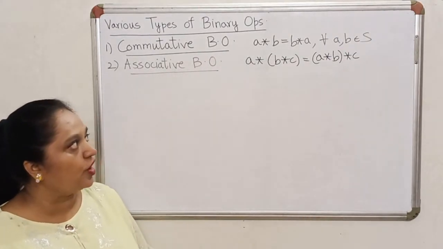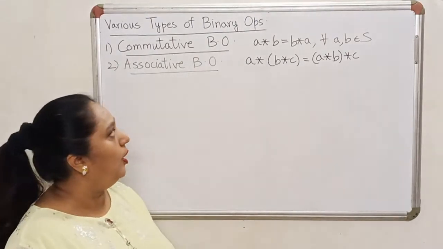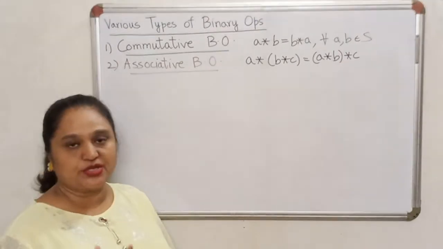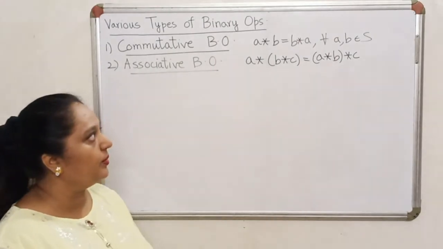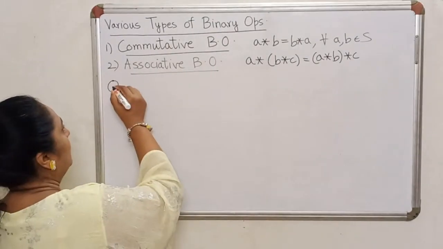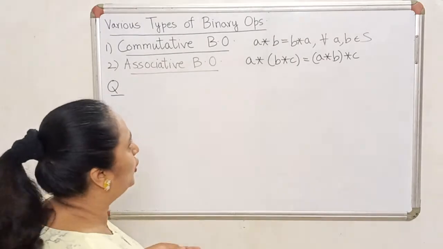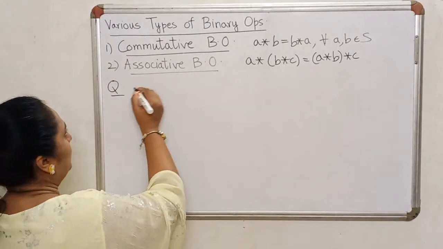So we also saw a few examples of operations which are associative, not associative, which are commutative, not commutative. Now let us look at, we'll check both for some of the examples.